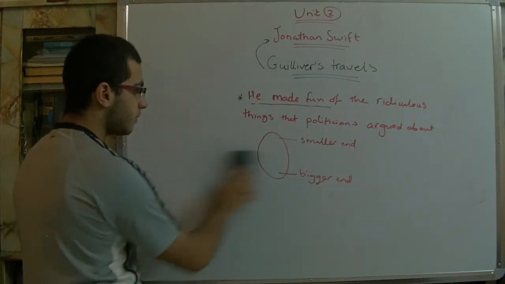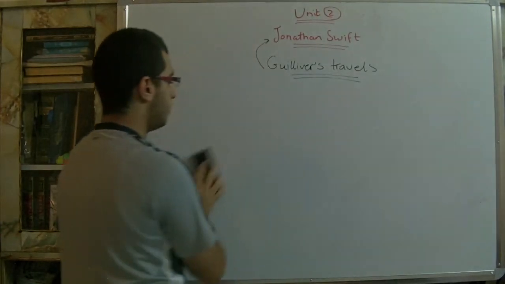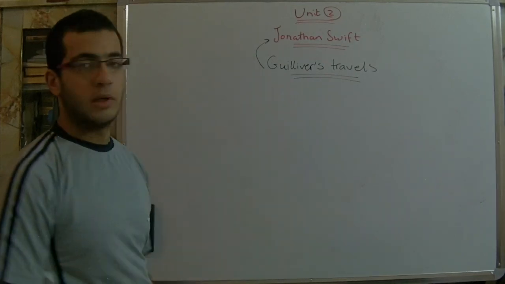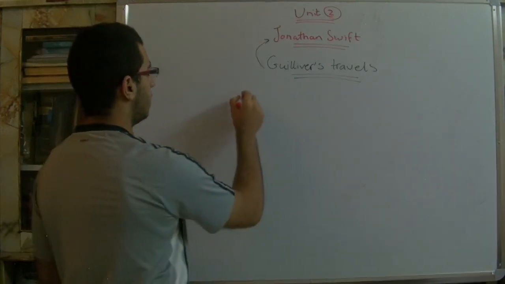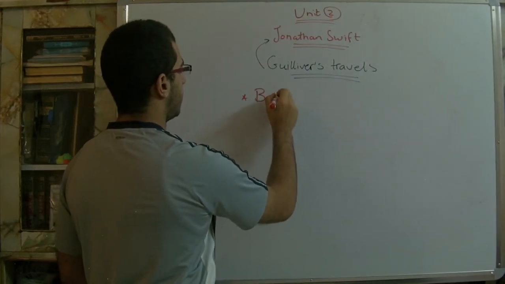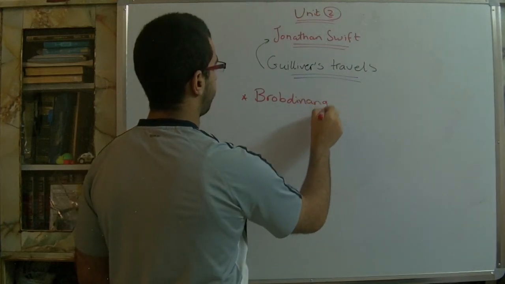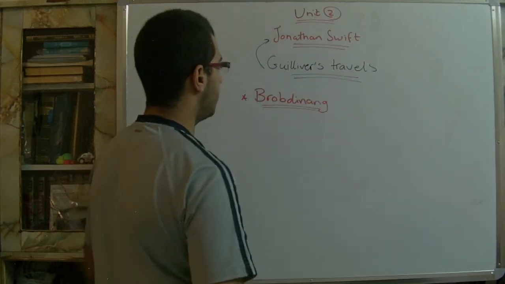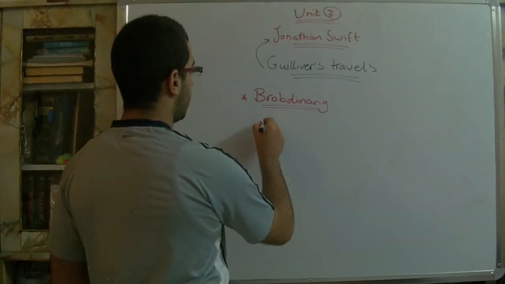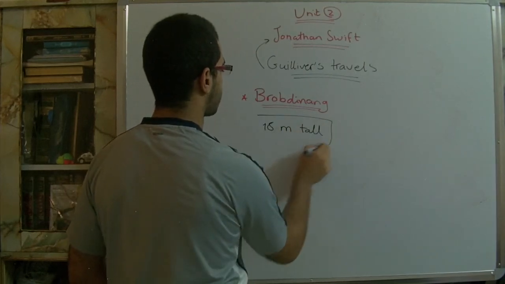And here in the story, Gulliver makes two voyages. The first one to Lilliput and the second one to Brobdingnag. Here in this island, the people are 18 meters tall.